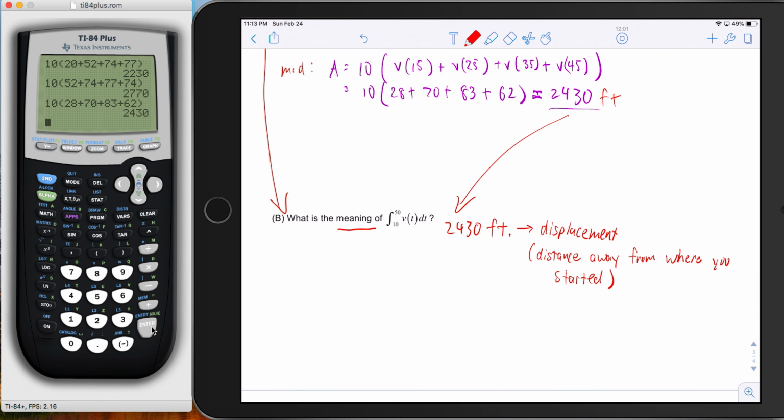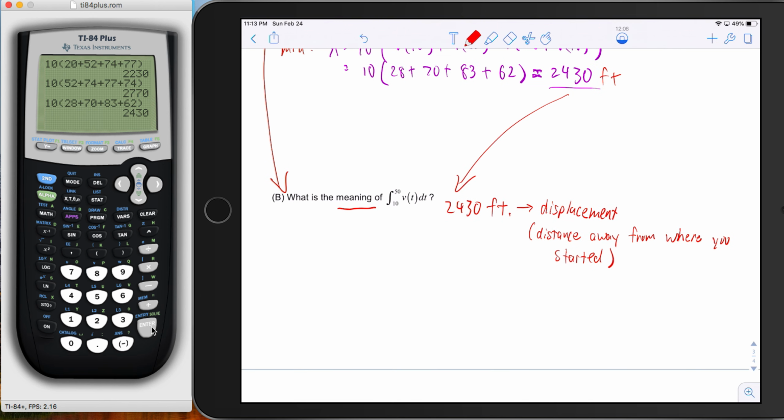Right. All right, so what is the meaning of that? Now, displacement is right. So here's how I would formally write it.